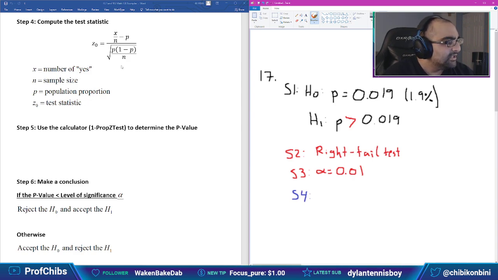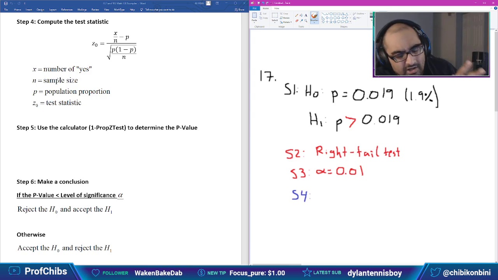For example, we have the notation P. P represents the population proportion, which is what we found in step 1, the 1.9% as a decimal. But we also need a couple of other key pieces of information. We need an X and we need an N, X being the number of yeses and N being the sample size. You will not see this written exactly as it is on my handout.